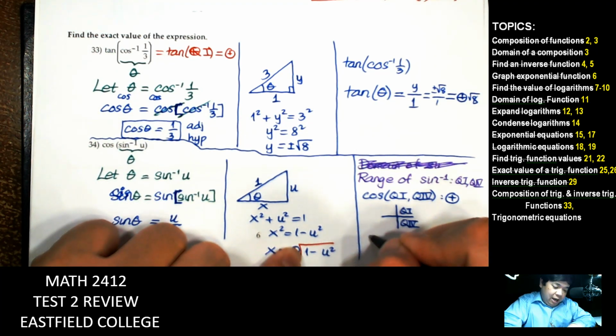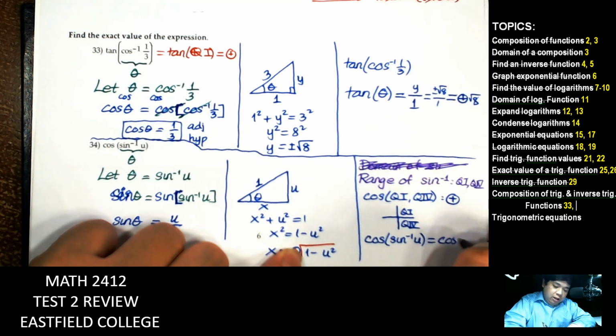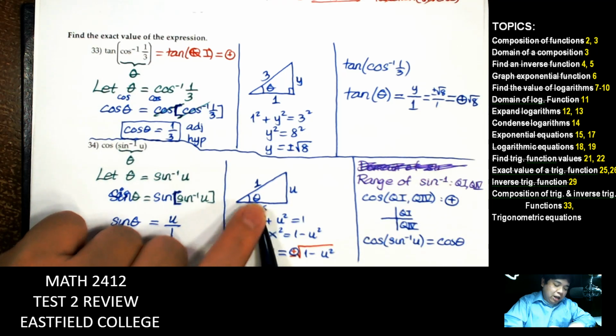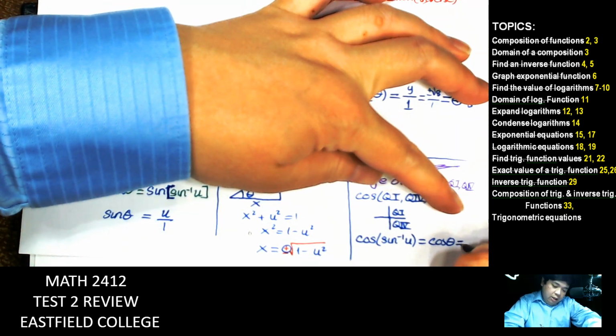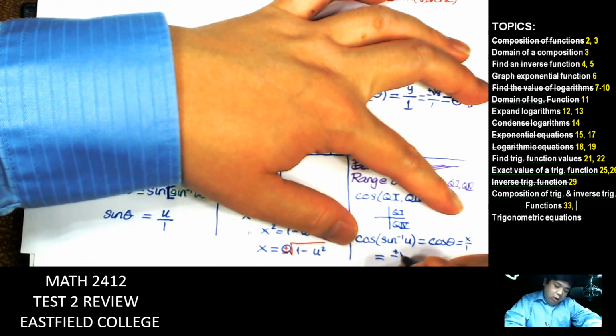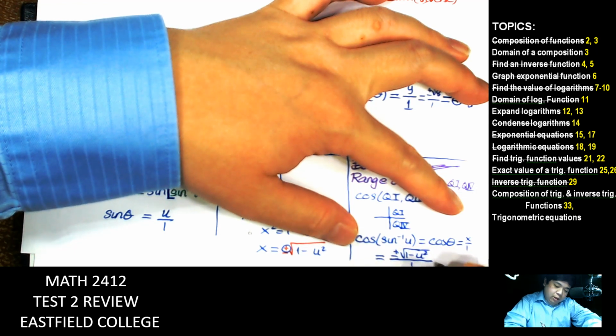Actually, that's not the reason, right? Anyway, so we have cosine of sine inverse u equal to cosine of theta, which will be adjacent over hypotenuse, so it will be just x over 1, which is plus or minus square root of 1 minus u squared over 1.